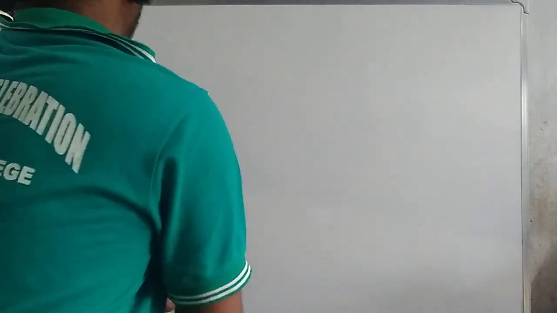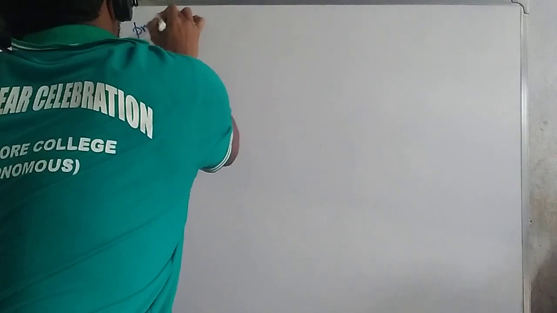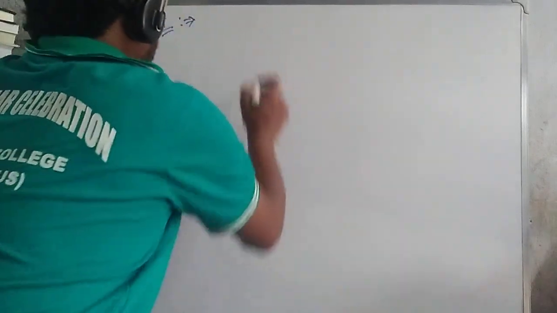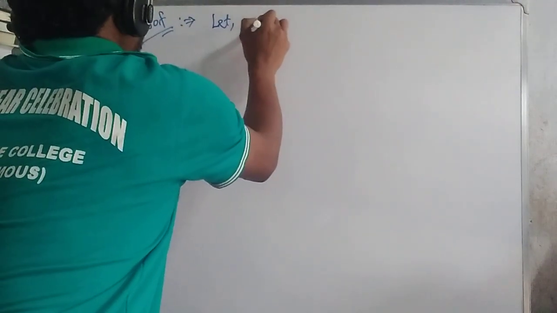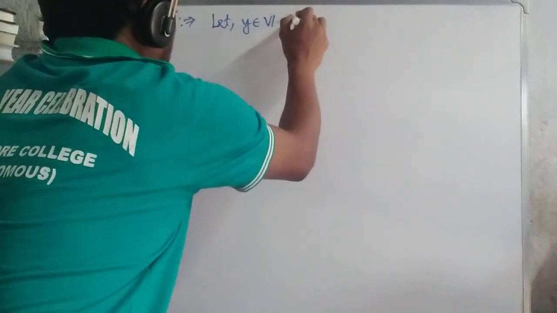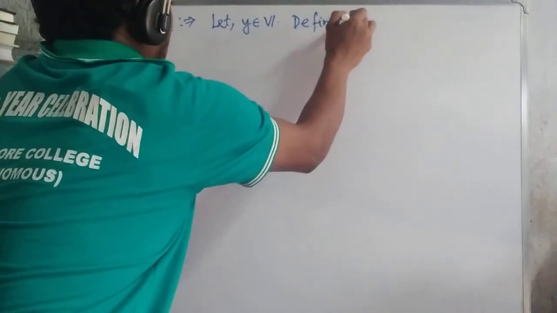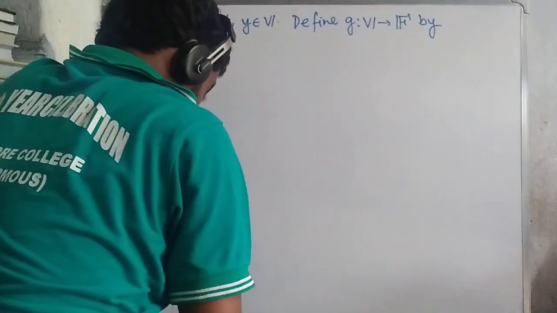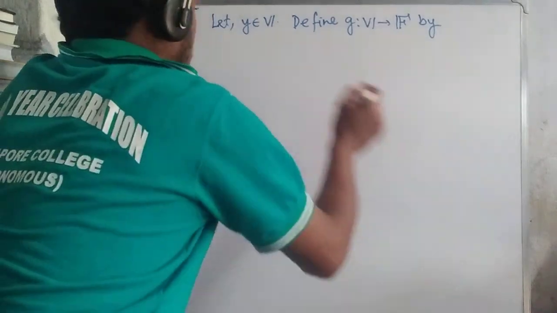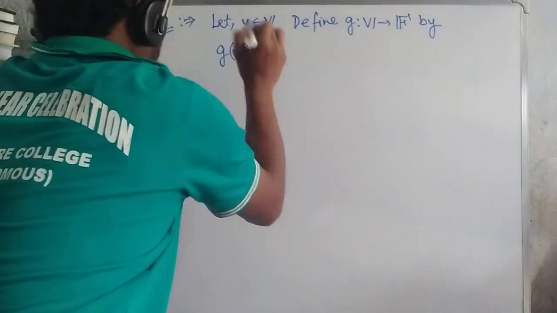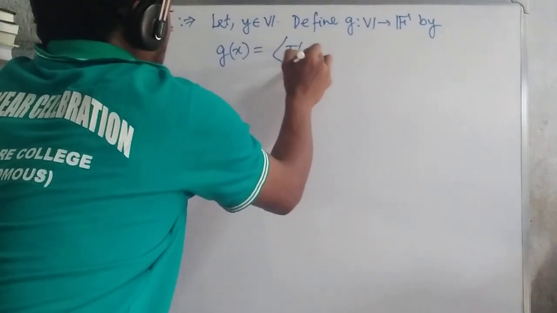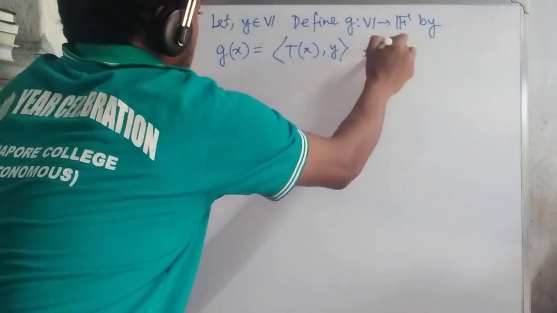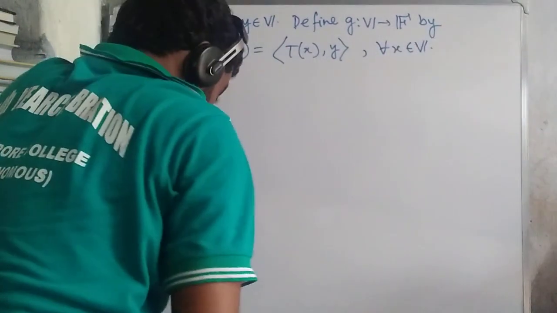We write here proof. Let y belongs to V and define g: V to F by g(x) = ⟨T(x), y⟩, the inner product, for all x belongs to V. Understood?